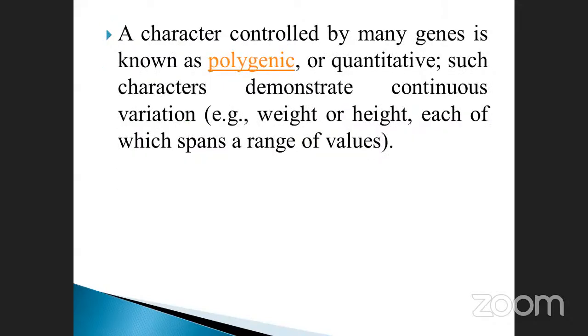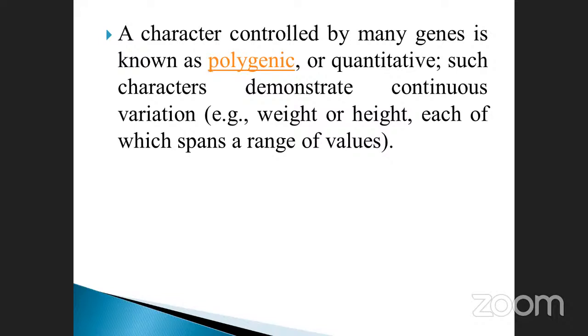Know the difference: quantity, quality. Good quality, good quantity. So 1 kilogram is a good quantity, but 100 gram, it is better. That is quality. Such characters demonstrate continuous variation. Example: weight or height, each of which spans a range of values, lifespan. So polygenic traits are weight and height.